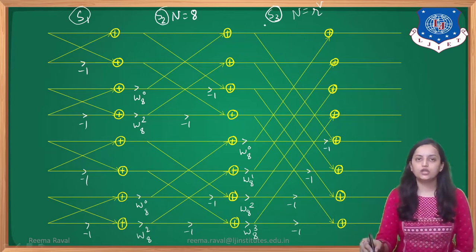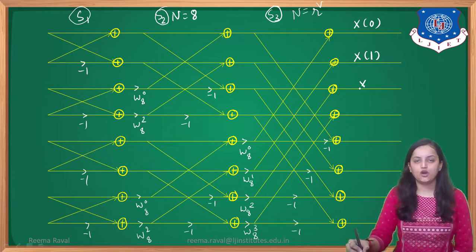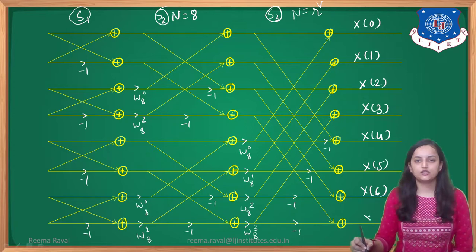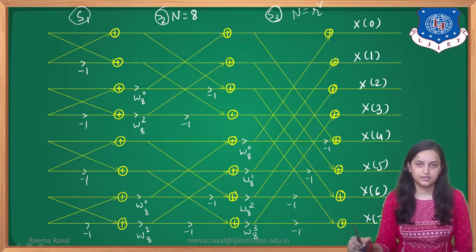Output of stage 2 is given to the input of stage 3. Now we will get the output x of 0, x of 1, x of 2, x of 3, x of 4, x of 5, x of 6 and x of 7. That means starting from 0 to 7, we will get 8 points.